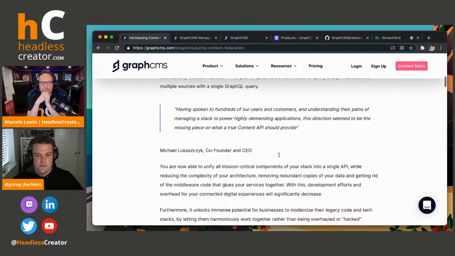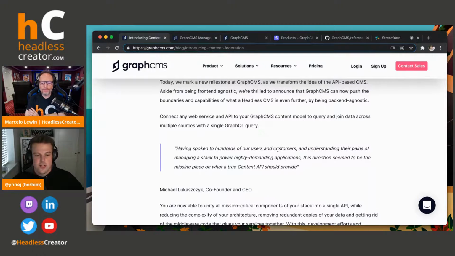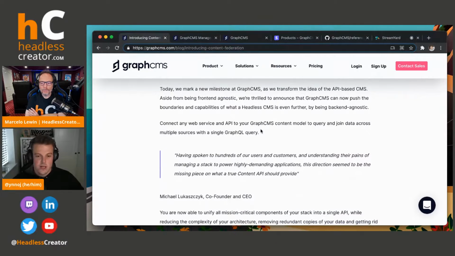A lot of the time we hear from customers that they have data living siloed in service X, Y, and Z, and it's a real struggle to bring those APIs together and for that content to coexist in a single application. So with content federation, GraphCMS is aiming to alleviate those pains and offer a way to bring multiple services together into a single GraphQL API.